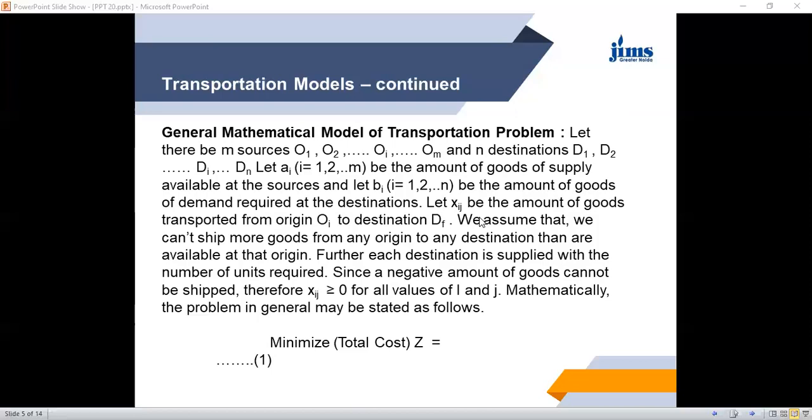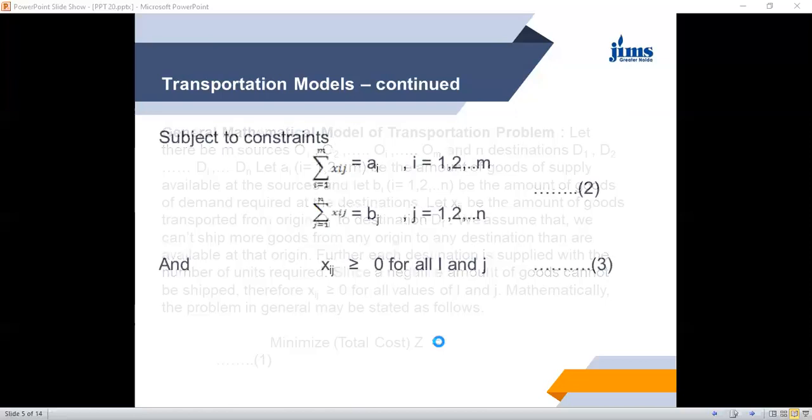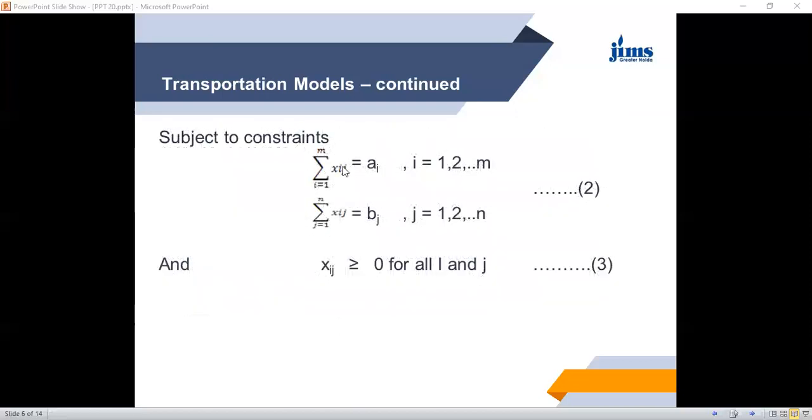So mathematically, the problem could be written as: minimize total cost Z subject to these rim conditions. Sigma Xij, i is equal to 1 to m, is equal to Ai. Sigma Xij, j is equal to 1 to n, is equal to Bj, where j is equal to 1 to n, and Xij greater than or equal to 0 for all i and j.